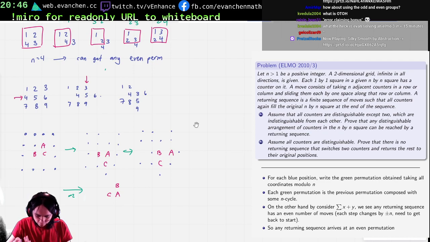So I can do a triangle like this. Is it the case that I can get any even permutation just by switching triangles? I feel like the answer should be yes.